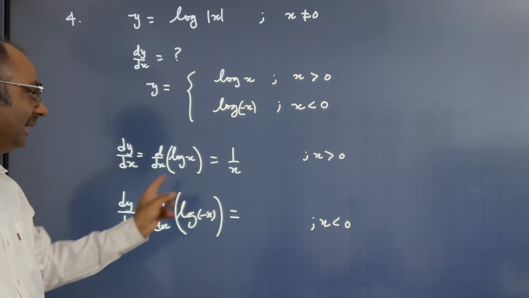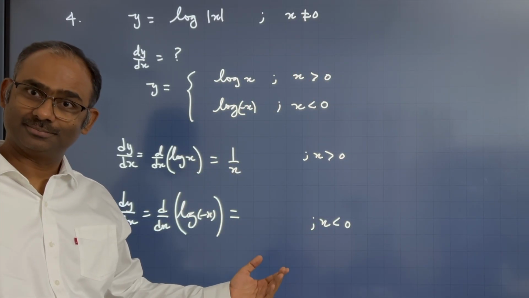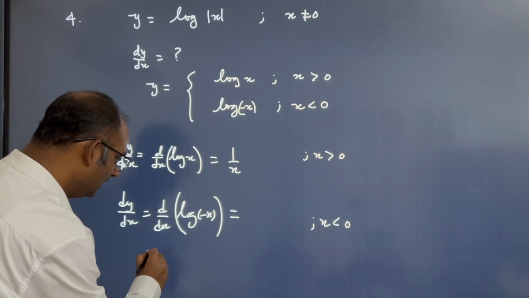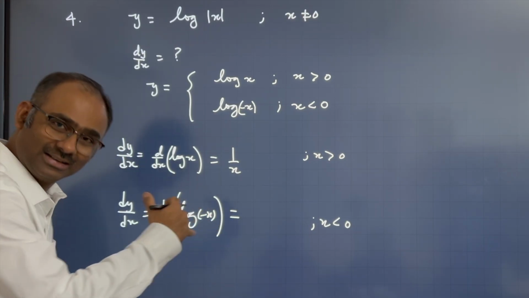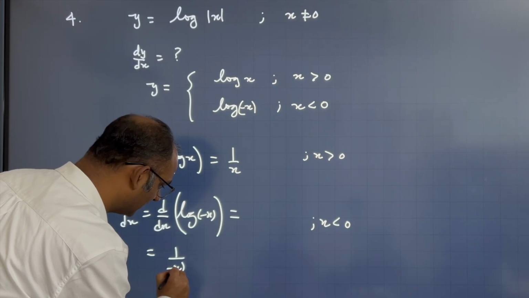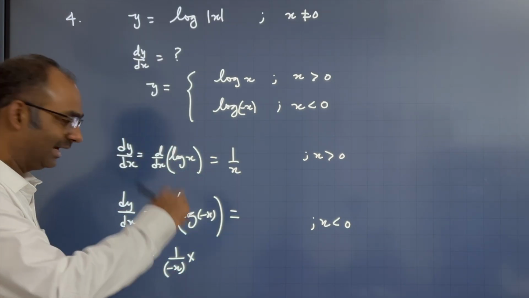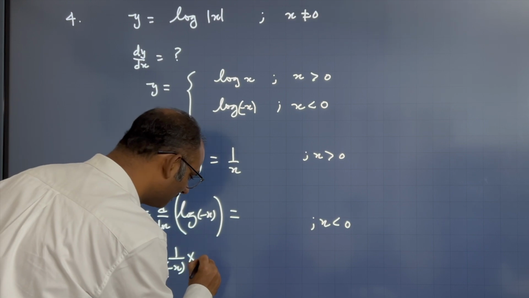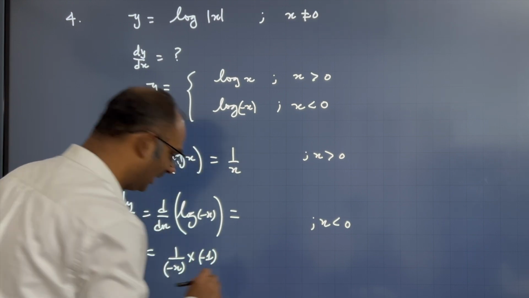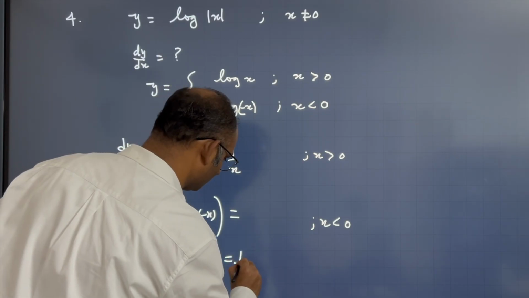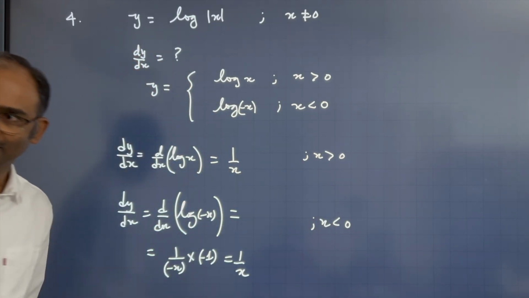But now I am saying log of minus x, and x is negative. Use chain rule. Derivative of log of u is 1 over u, and u is minus x in this case, times the derivative of the argument. Derivative of minus x is minus 1. This is even for x negative.